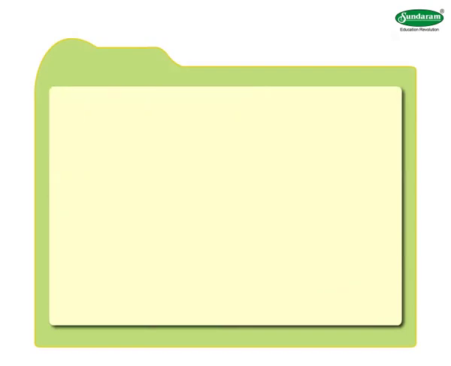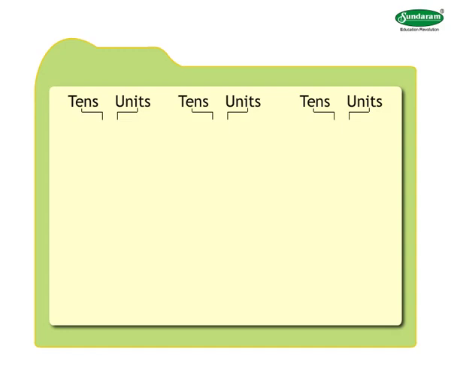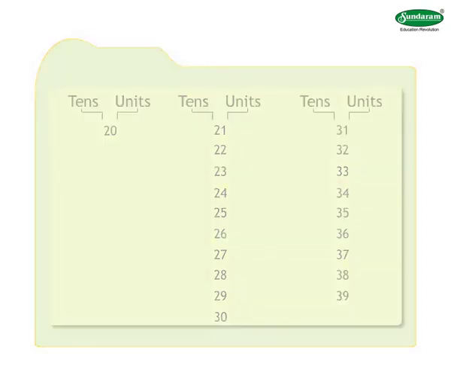Let us place these numbers in the units and tens place. We can see that in the units place, the next digit after the previous units place digit is written as we proceed from 20 to 21 to 22, and so on till 39.